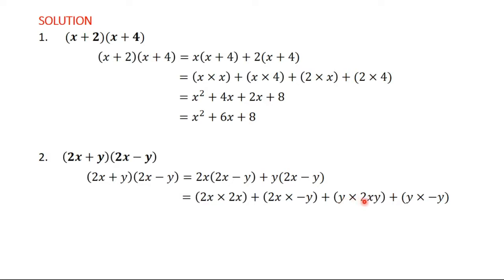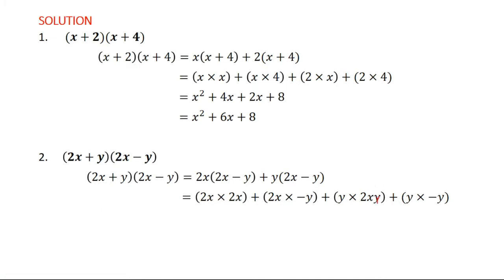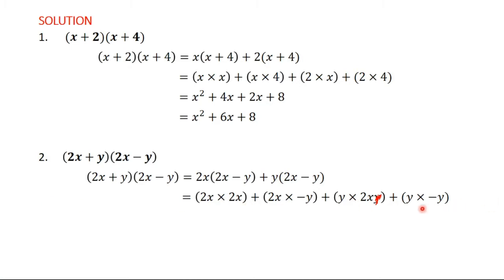So y is going to multiply 2x. Then we move on, we are going to get plus y times minus y, as we have here.